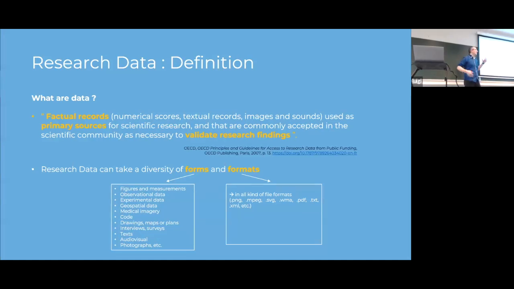That means that data can take a lot of forms and be present in different formats. For example, you can have experimental data, observational data, geospatial data. Someone here works on gravitational data. I can't even imagine what that is from my perspective. So there is a lot of data. Therefore, we have to have common knowledge and common practices to share the data.